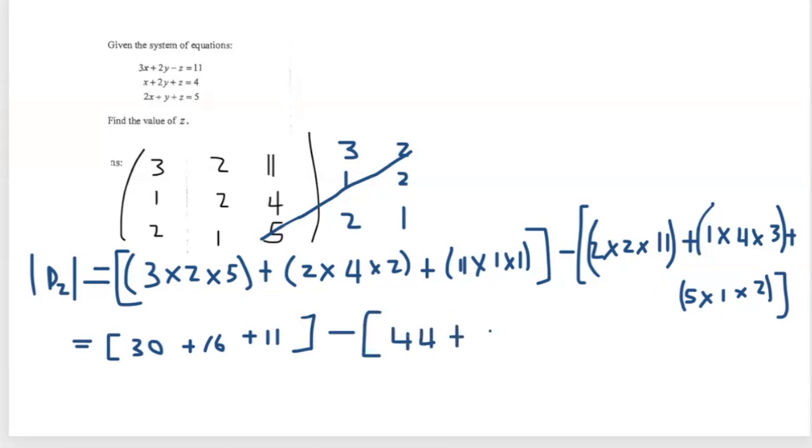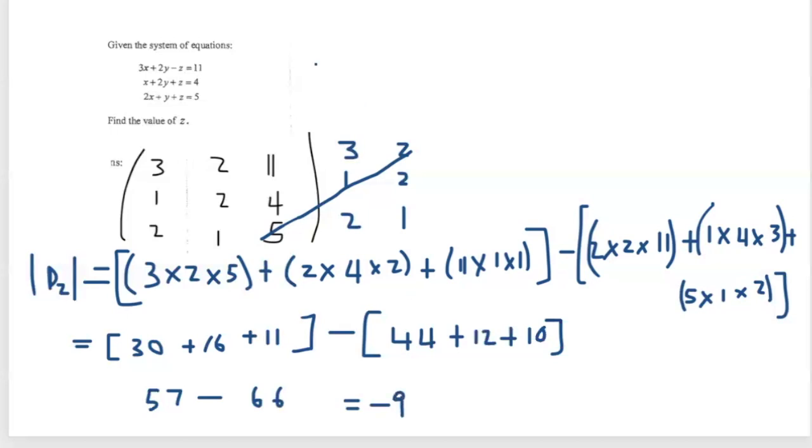For the next part, 4 3's are 12, and 5 2's are 10. So we have 30 plus 16 plus 11, that gives me 57, minus 44 plus 12 plus 10, that gives me 66. So 57 minus 66 gives me -9.